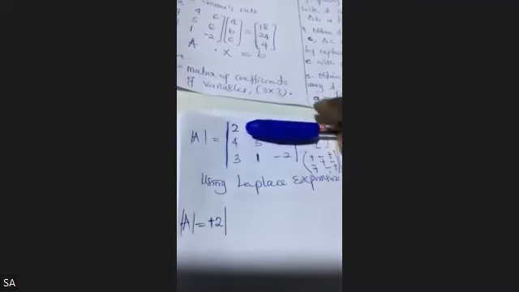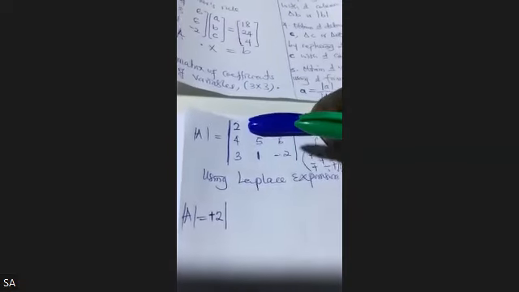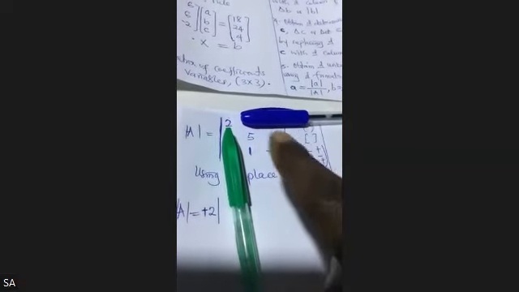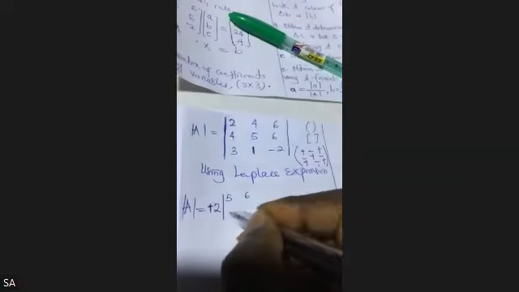I'll block the row and the column where this 2 appears. So what are the numbers remaining? It is 5, 6, 1, minus 2.